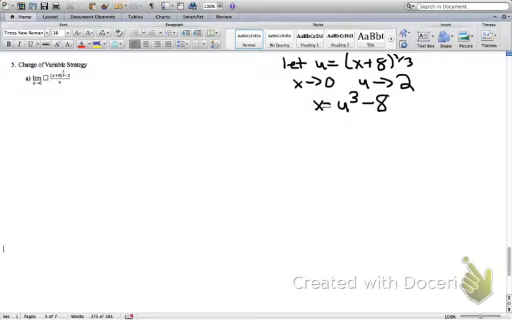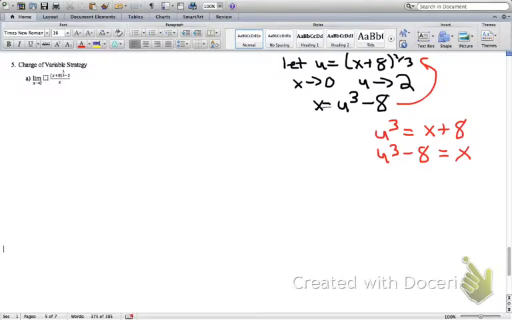The way that we get this is that we rearrange the above, where we have u equal to x plus 8 all to the power of 1/3. We're going to cube both sides to get rid of the third. And then you're just going to bring the 8 over. And remember, anytime you cross the equal sign, it becomes negative.